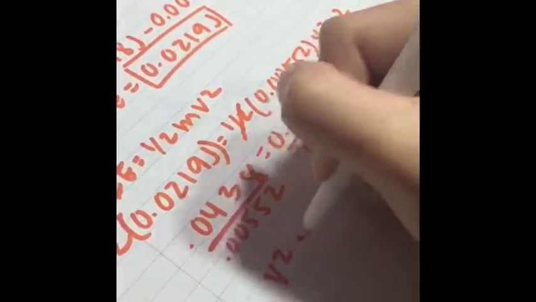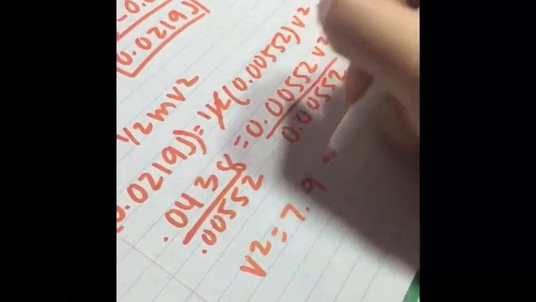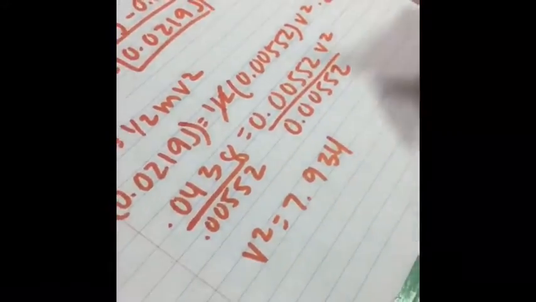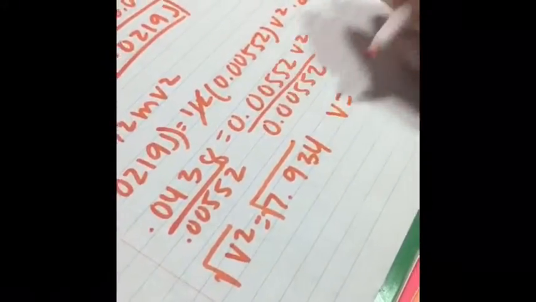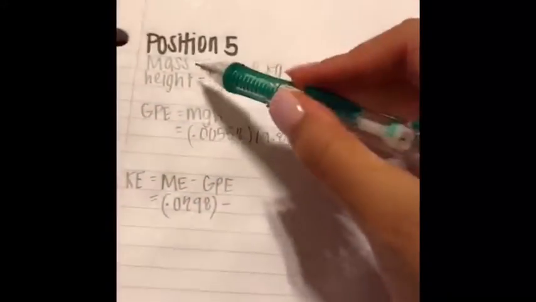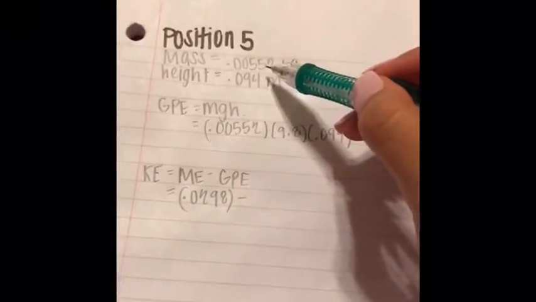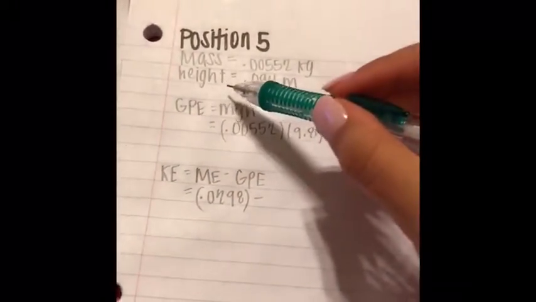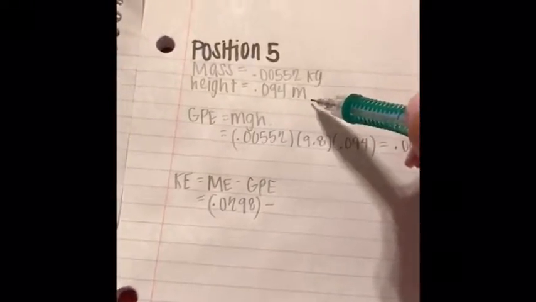So velocity squared would be 7.934, square root on both sides. Velocity would equal 2.82.